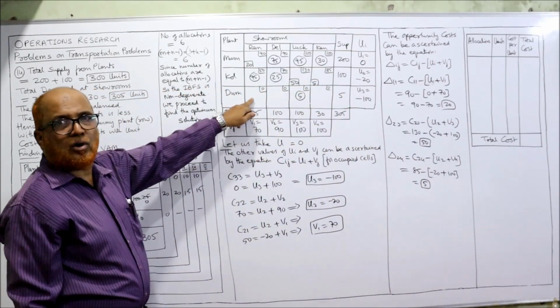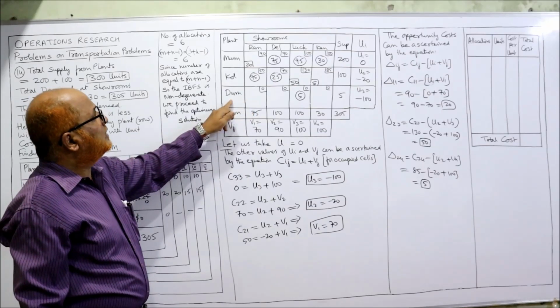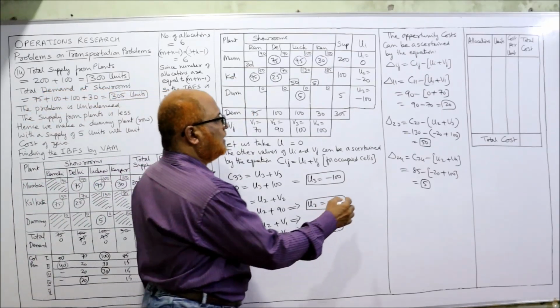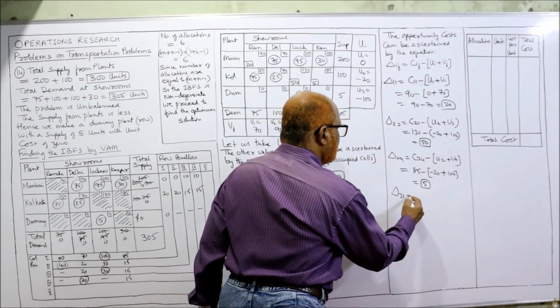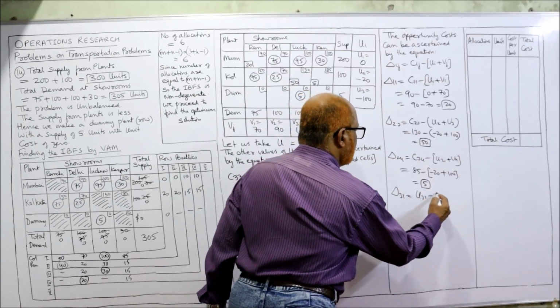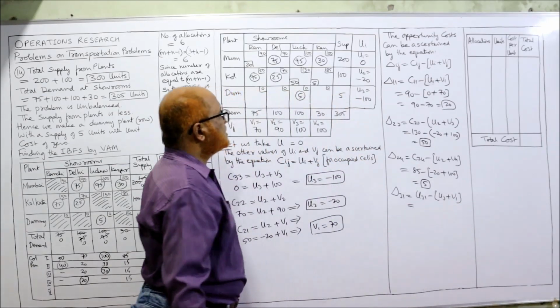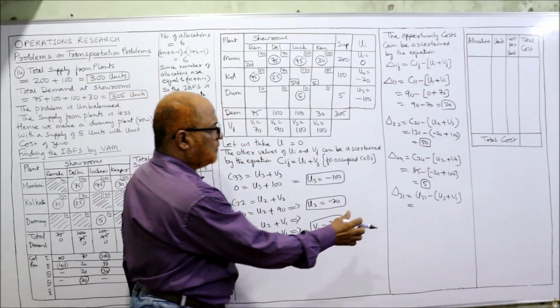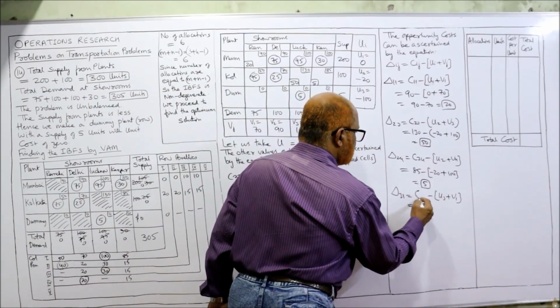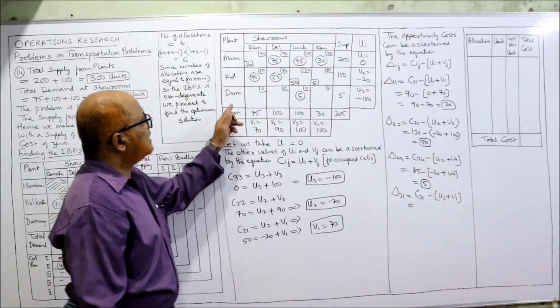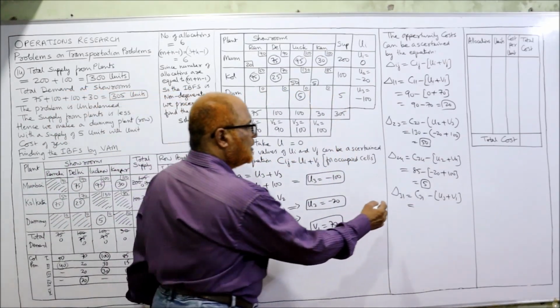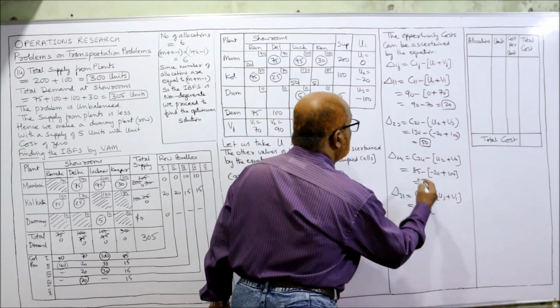That's all. Now this unoccupied cell. Third row, first column, 3, 1. Delta 31 is equal to C31 minus U3 plus V1. How much is the C31? 0. 0 minus U3.